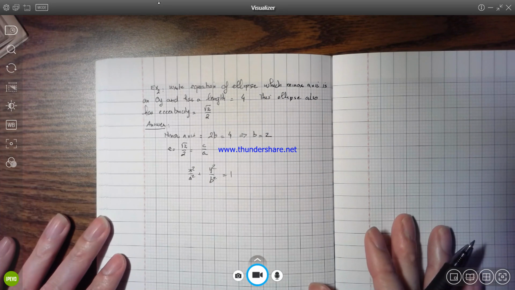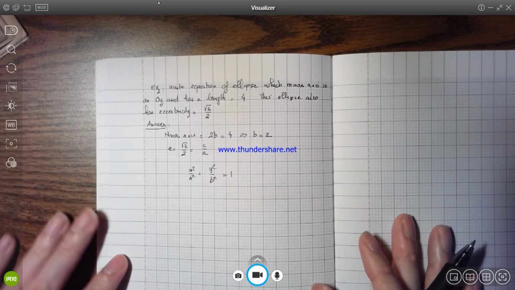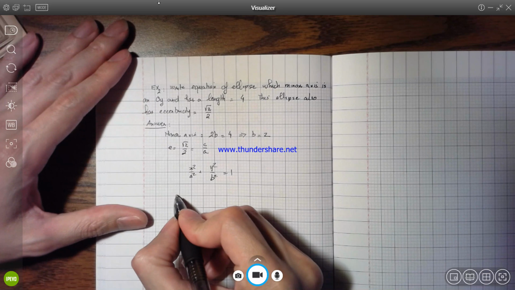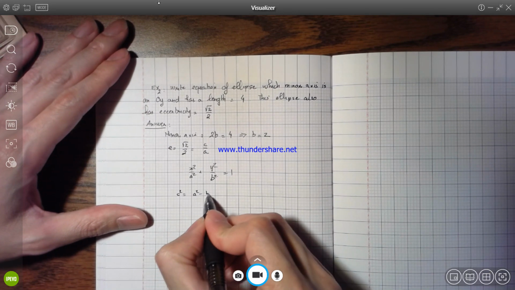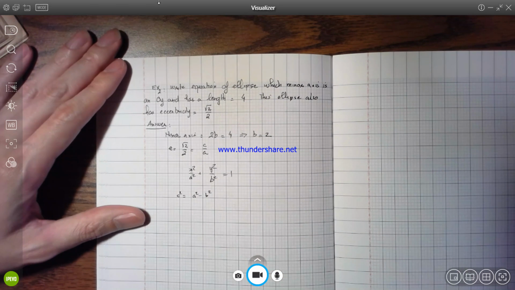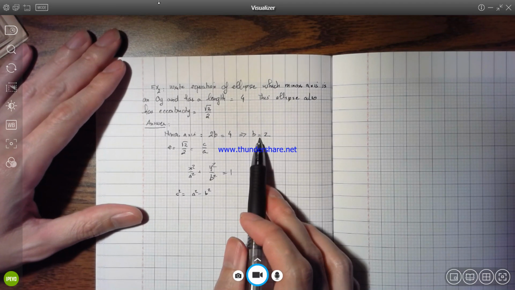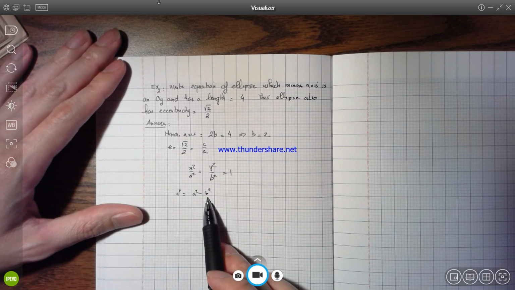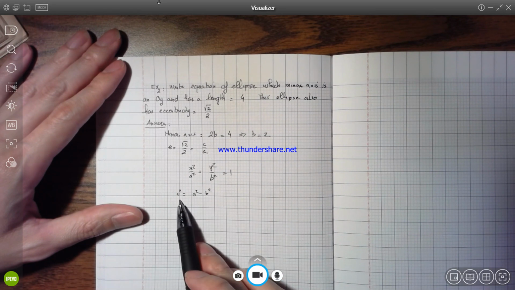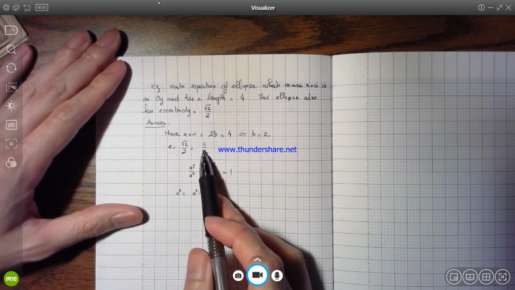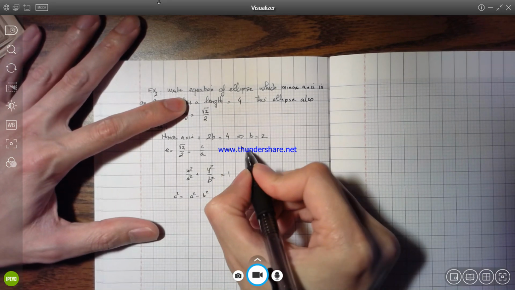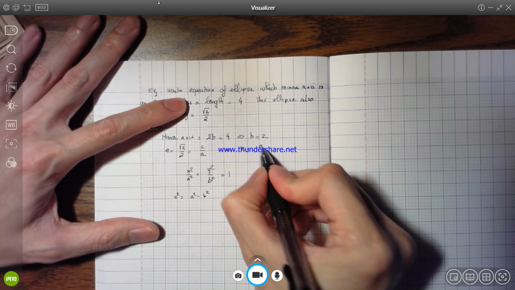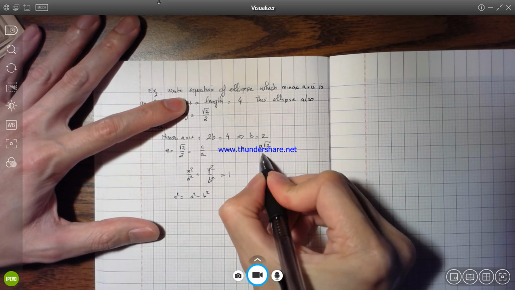How are we gonna get a? We're gonna use the relation between A, B, C: c squared equal to a squared minus b squared. We know b, so we can plug it in, but we don't know C. But C we can get from here: C is equal to A square root of 2 over 2.